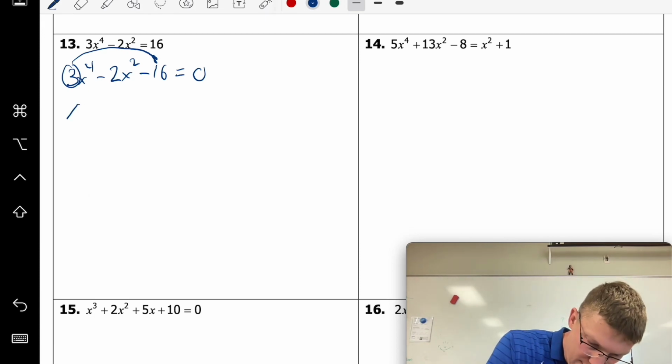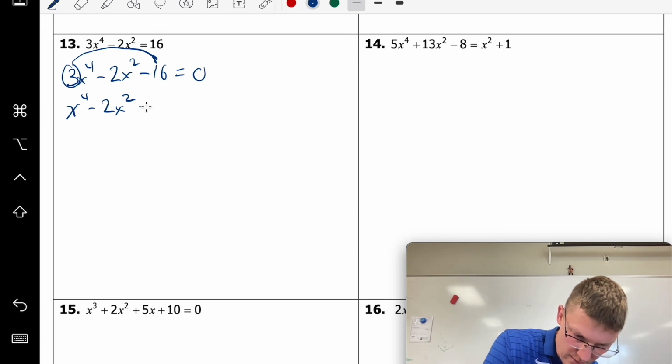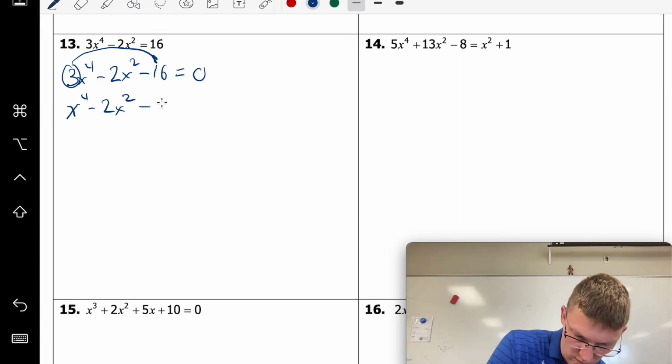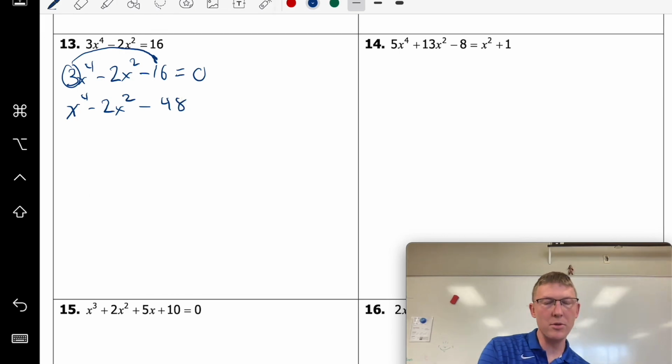So now we're going to have x to the 4th minus 2x squared minus 3 times 16, 48. Now remember, there's an x to the 4th and an x squared, but if you want to just sub y's in for it so you can see it better, that's fine. But you don't really have to, just as long as you can recognize that it's still factorable.